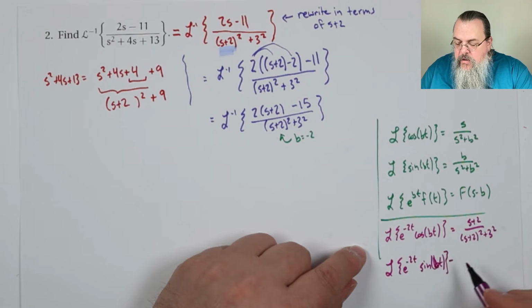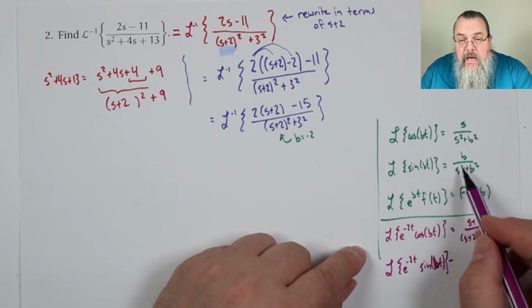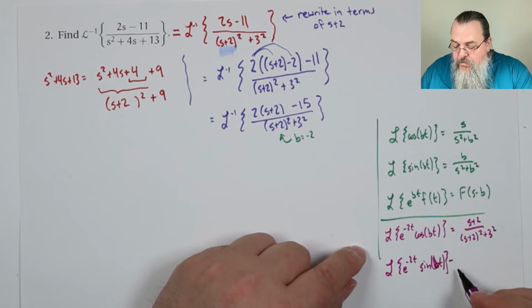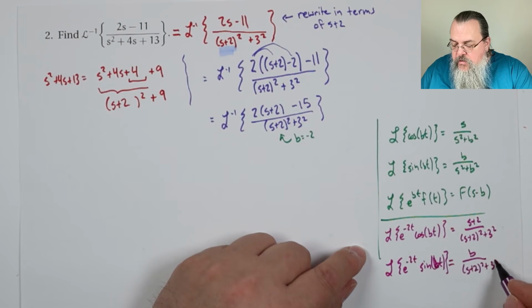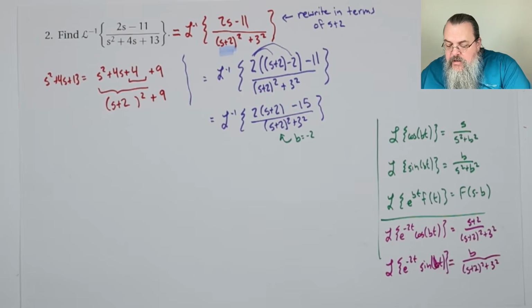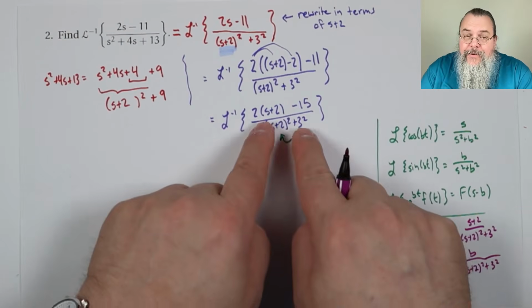Well, again, we take every s and replace it by s minus minus 2, s plus 2. So that becomes b over s plus 2 squared plus 3 squared. And we say, great. These are looking a lot like those.